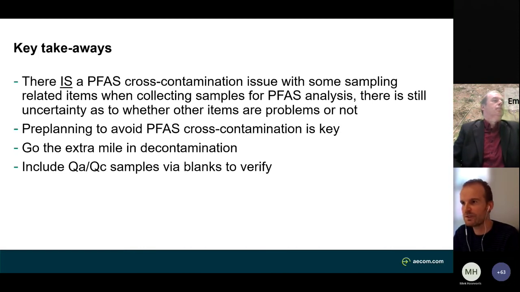Pre-planning to avoid PFAS contamination is key. Go the extra mile in the decontamination process and include QA/QC via blanks in each of these steps to verify if you are working in a good way, and you can show it also to your clients to say that you have done the maximum to have reliable and good data for good decision making.